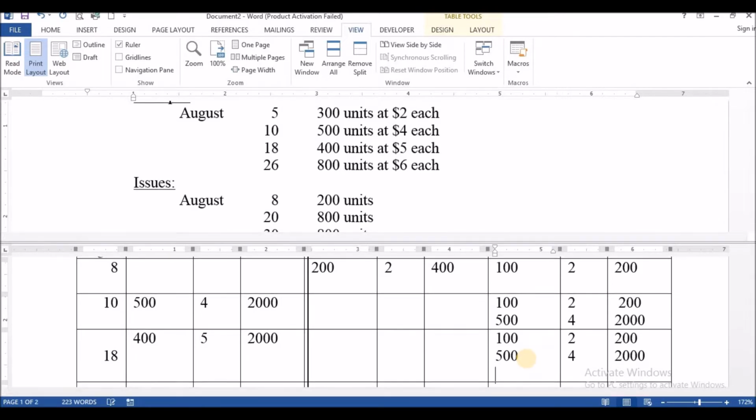And now we're going to add the 400 at $5, which is also 2,000. So our stock on the 18th is valued at $4,200.